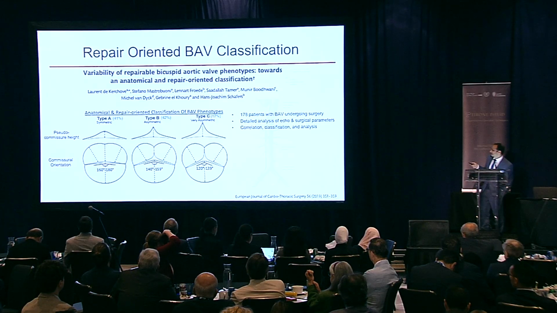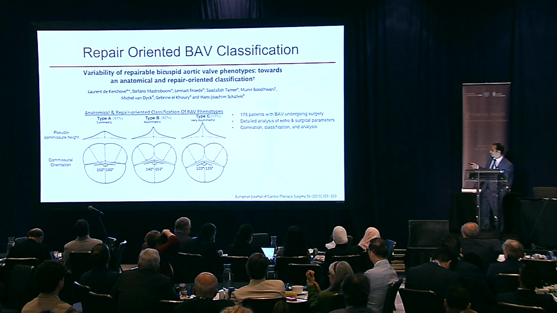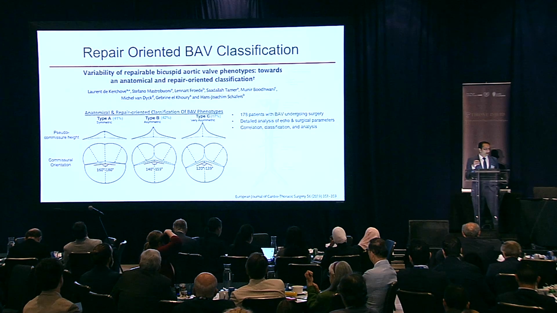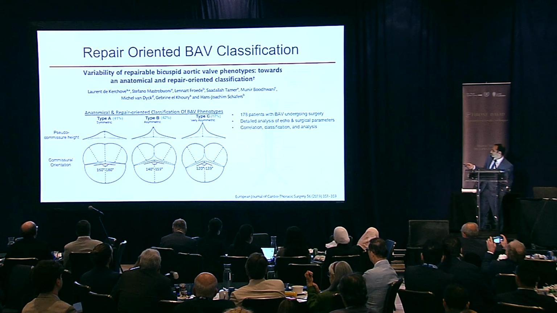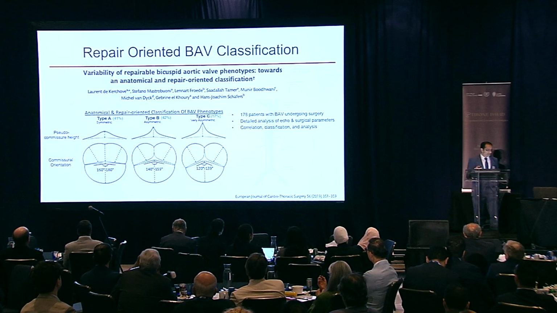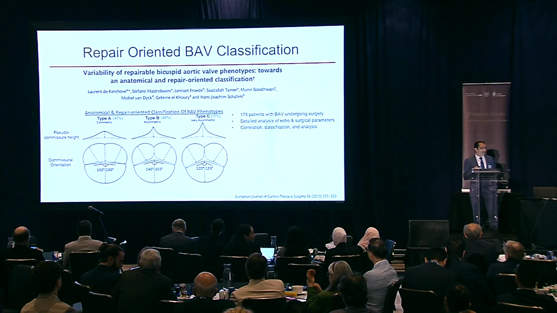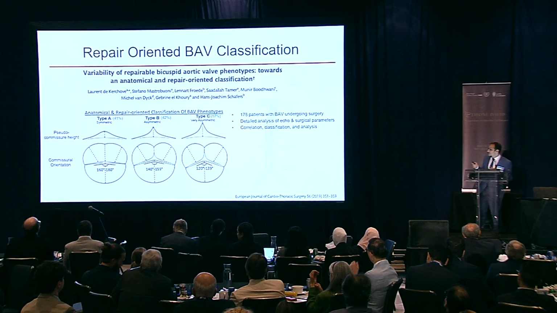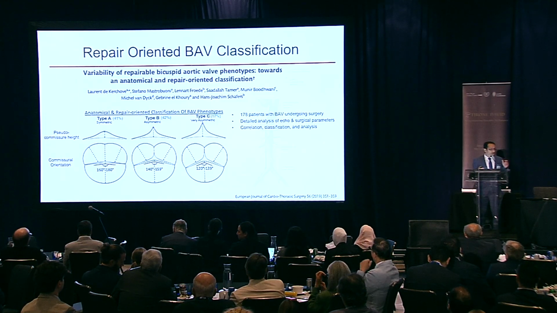On one hand, you have a symmetric or near symmetric bicuspid aortic valve, which has a commissure orientation between 160 and 180. Those valves have a very low pseudo-commissural height, and they have a very long RAFE. Type B, asymmetric valves, have a more asymmetric orientation, 140 to 160, a higher pseudo-commissure height, and a shorter RAFE.